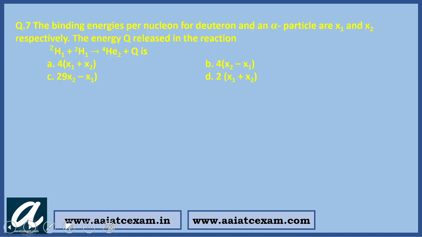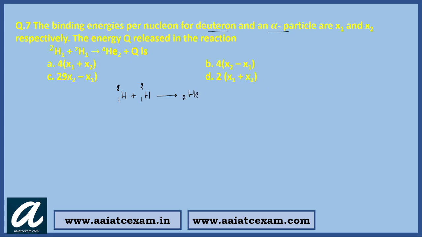Let us solve question number 7. The binding energies per nucleon for deuteron and an alpha particle are x1 and x2 respectively. The energy Q released in the reaction is, students, again, you can see this is the third question where this equation has been used, that an alpha particle is generated from the deuterons.